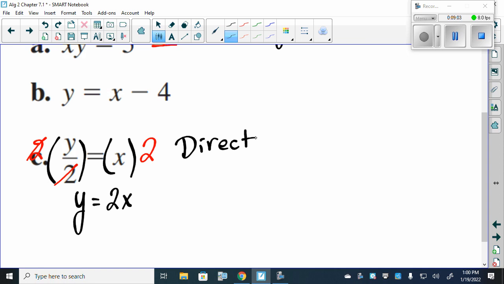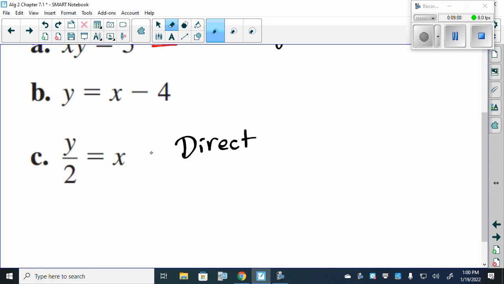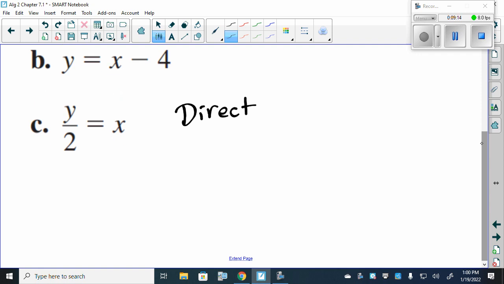Any questions on this here? Well, without doing that there, let's look at it in a little bit different light. We could rewrite this: instead of y divided by 2, what can we say times y would be the same thing as y divided by 2? Because 1/2 times y is the same as y divided by 2, yes? Because when we multiply a whole number or a term by a fraction, it's always multiplied by the numerator.